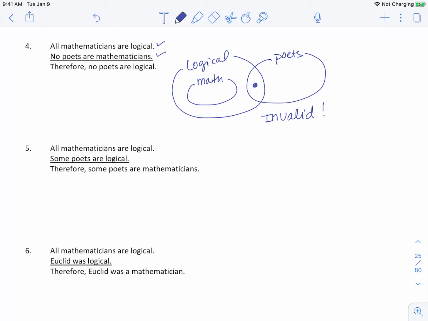Let's try number 5. All mathematicians are logical. Some poets are logical. Therefore, some poets are mathematicians. So take a minute and try to determine if this one is valid or invalid. Okay, all mathematicians are logical. We're starting the same way.